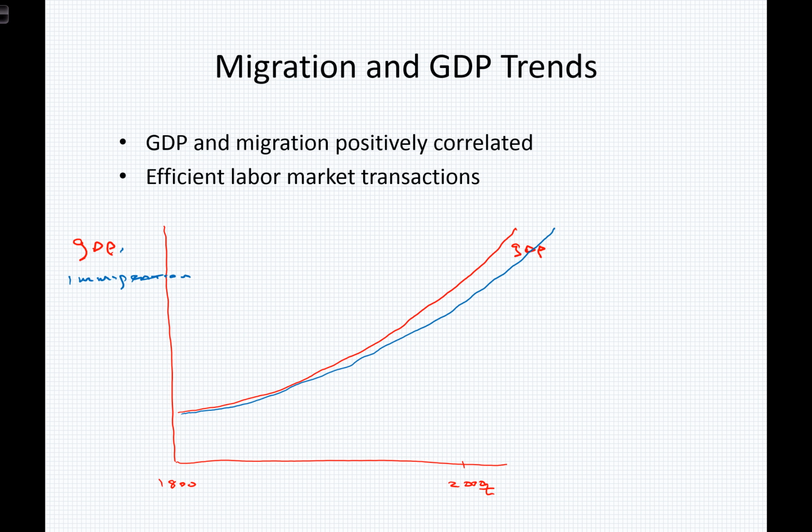In fact, it's only been in recent years that GDP has risen more rapidly than immigration. So we see the definite and positive correlation between GDP and immigration in our country. We have to think about why that is.